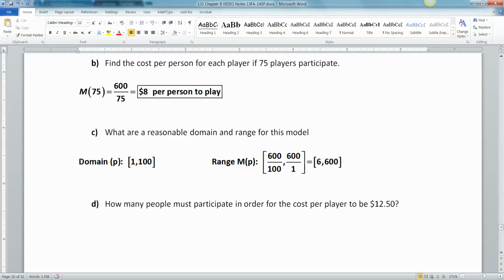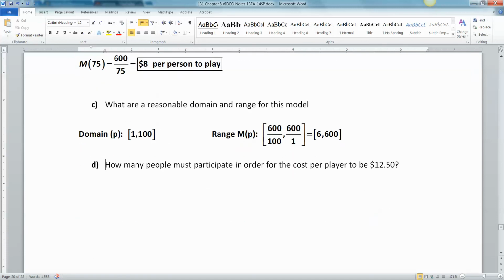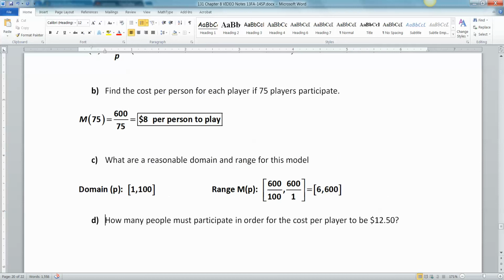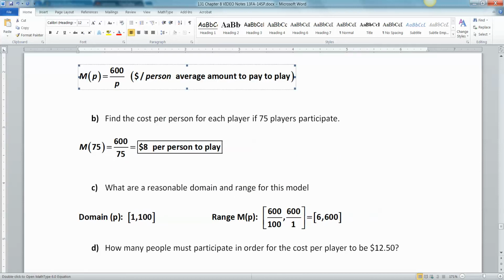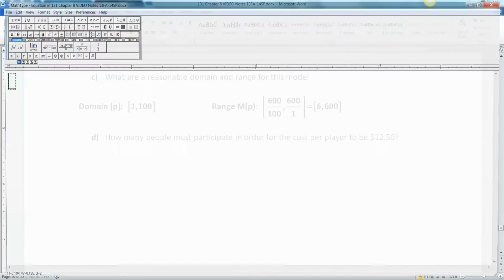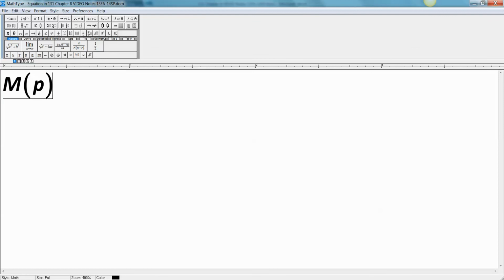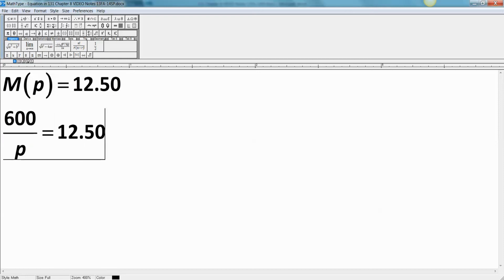Now, how many people must participate in order for the cost per player to be $12.50? I'm going to take my M of P, which is my mean cost per player, and I want it to be equal to $12.50. But remember that the cost per player was 600 over P, so I'm going to set that equal to $12.50.